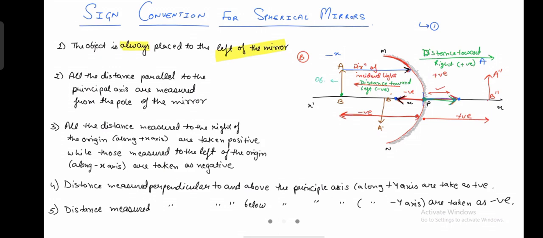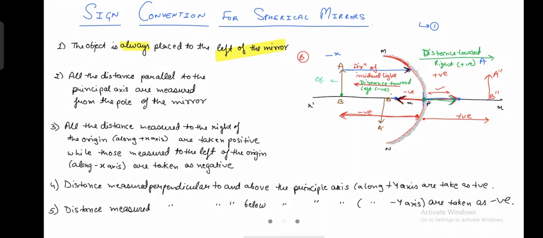So you just consider the pole as the origin, then all the distance towards the left as negative, all the distance towards the right as positive, all the distance toward up as positive, down as negative, just like positive y-axis and negative y-axis. Also, you can understand this thing with the help of the direction of incident light.